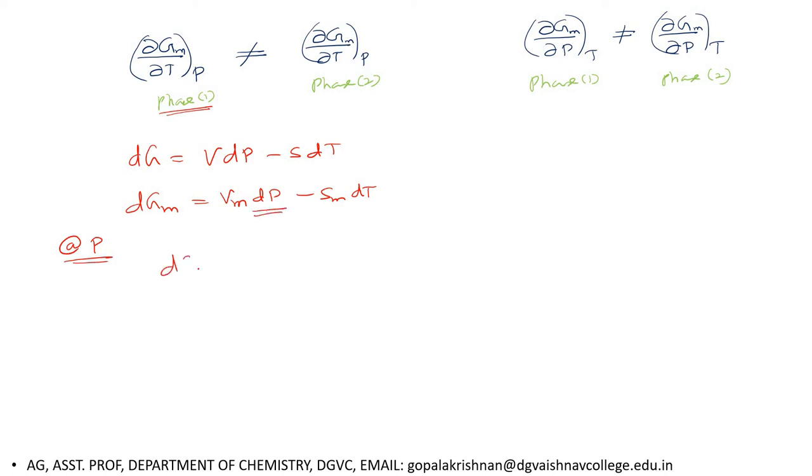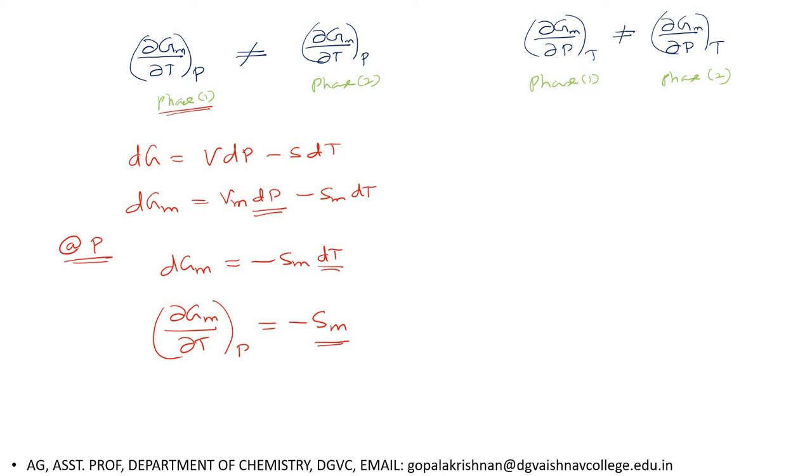So we can write this as dGm equal to minus Sm into dT. Or we can say, bringing this dT to the left hand side, the change in molar Gibbs free energy with respect to temperature at constant pressure is equal to the negative of molar entropy.